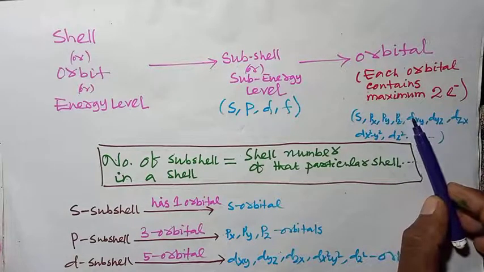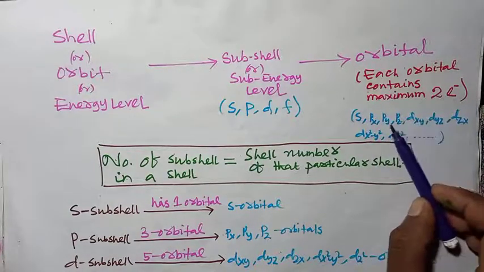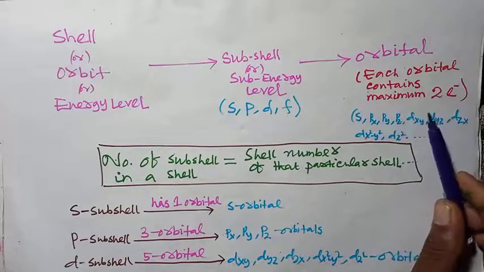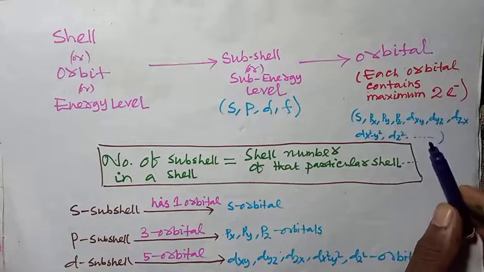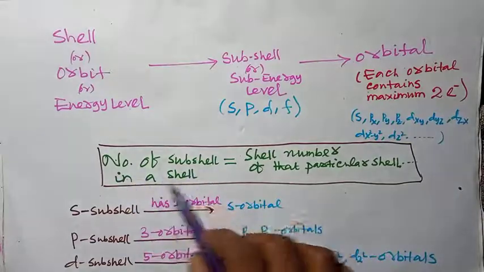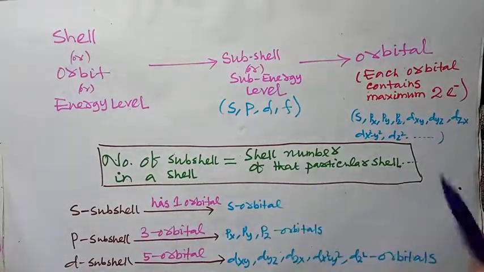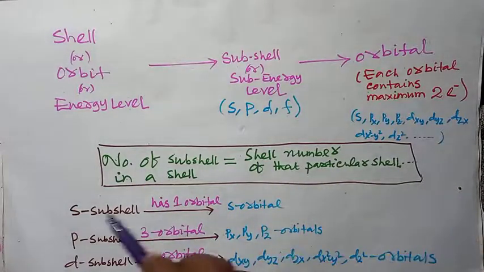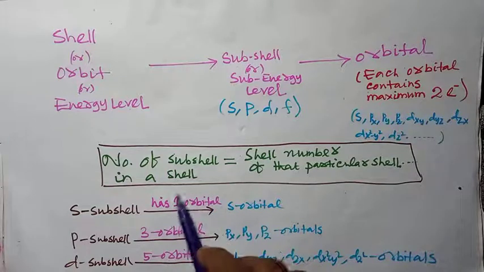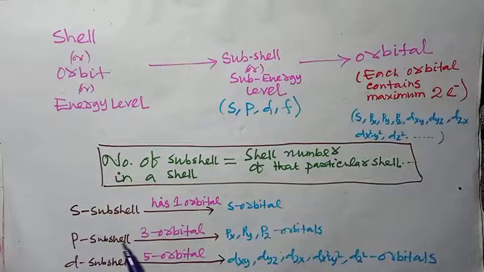The number of subshells in a shell is given by the shell number. S subshell has only one orbital, that is S orbital. P subshell has 3 orbitals, Px, Py, Pz. And D subshell has 5 orbitals: dxy, dyz, dzx, dx square minus y square and dz square orbitals.